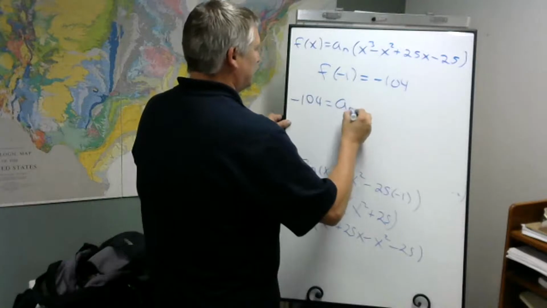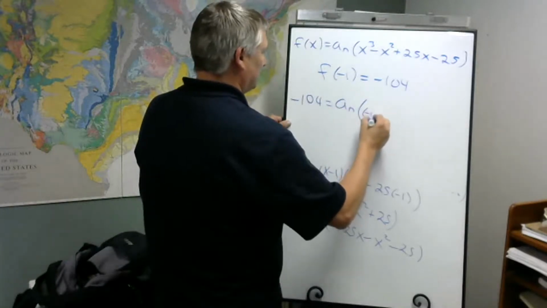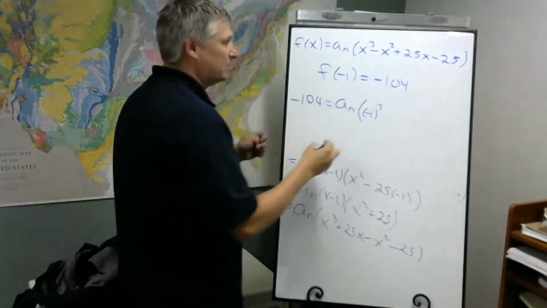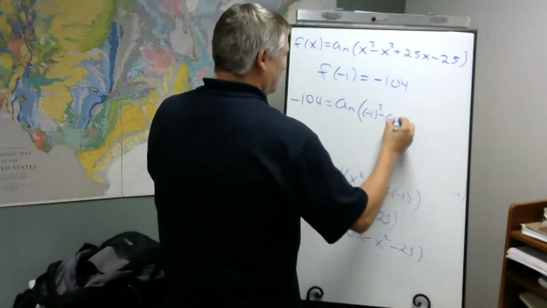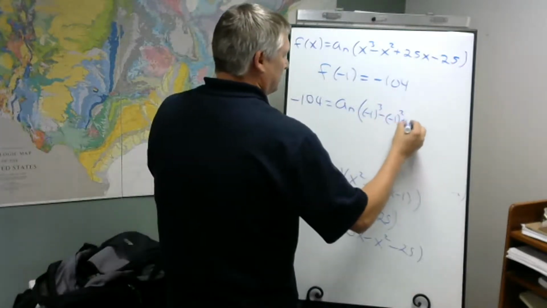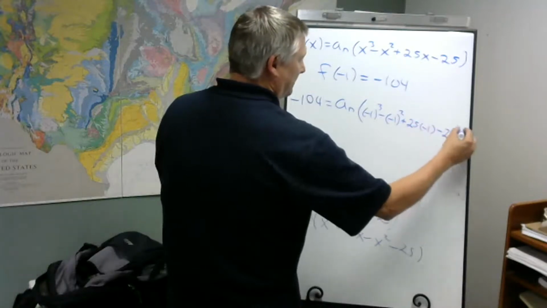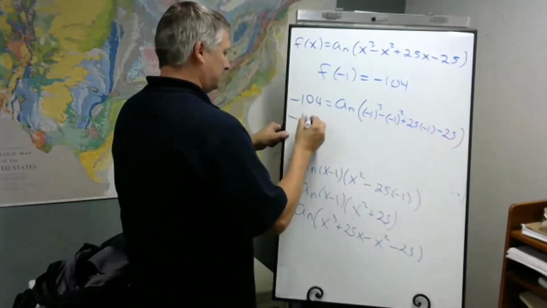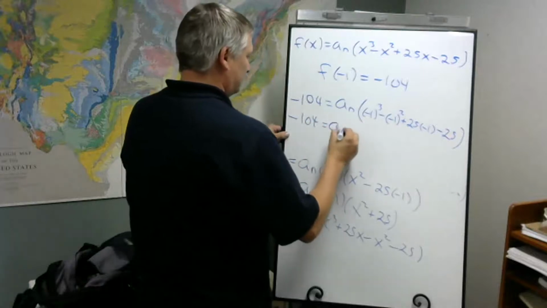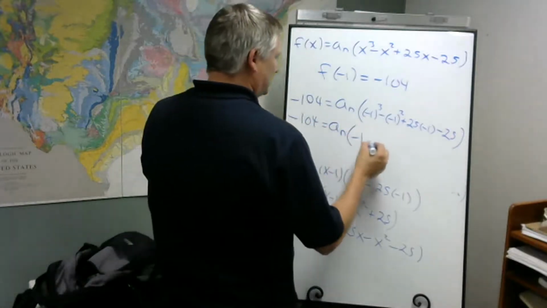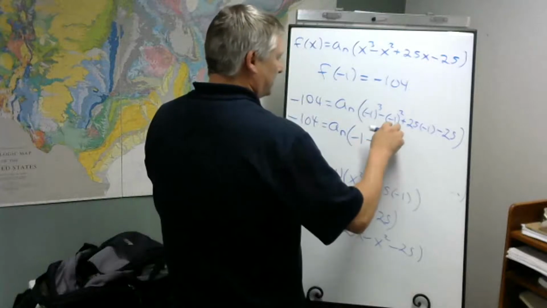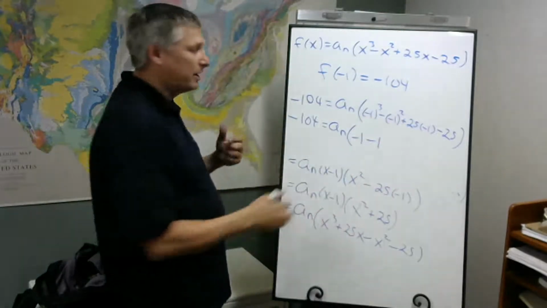So that means minus 104 is a sub n times minus 1 cubed minus 1 squared plus 25 times minus 1 minus 25. Minus 1, subtract 1, because minus 1 squared is just 1.